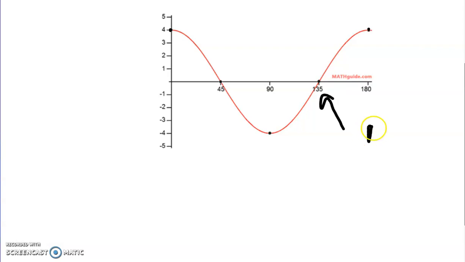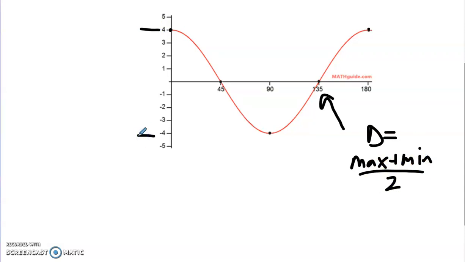So like I said, I start with my D value. My D value is going to be max plus min divided by 2. So my maximum is 4. Oh, this one's easy. The center line is just 0 in this case, meaning it hasn't vertically shifted at all from the parent.